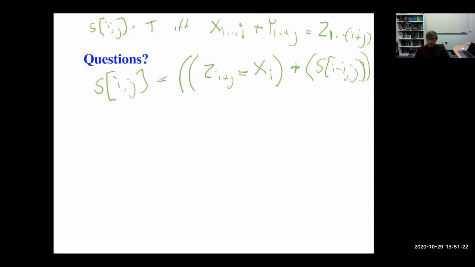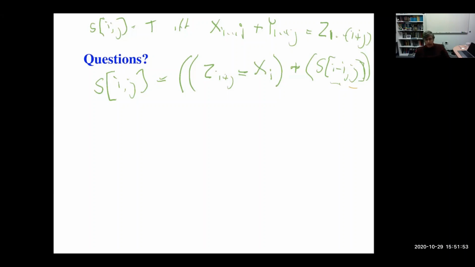If I can shuffle all of the first string x except that character, plus all of the second string, if that can be properly shuffled for z, and the last character matches, then this gives me a way to realize that. Does everybody kind of see that?